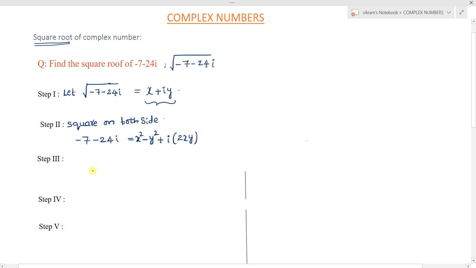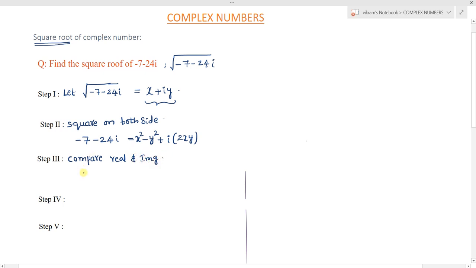Next, the third step. After squaring on both sides, compare the real and imaginary parts of the above equation.